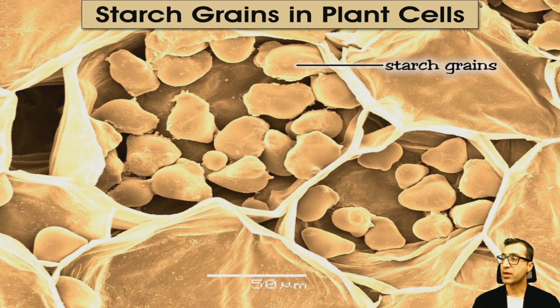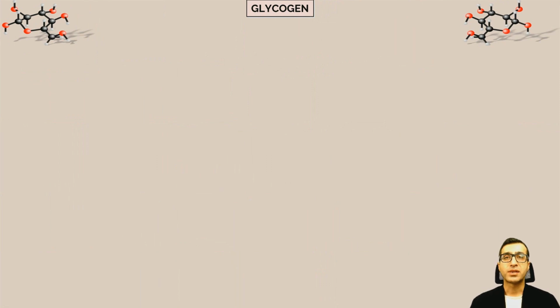So in this electron micrograph, you can see here the scale bar at 50 micrometers. This shows starch grains inside plant cells. Now, glycogen molecules are the animal equivalent of starch. It's often referred to as animal starch.